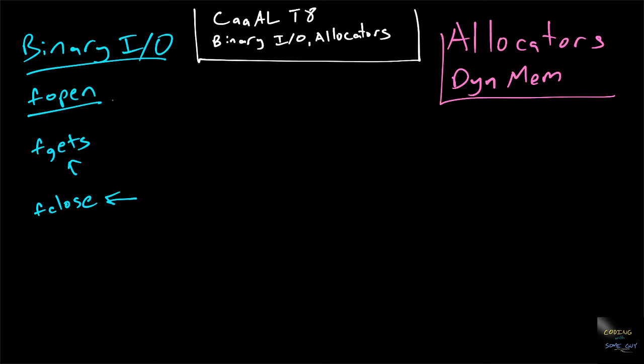When we did fopen, we specified a file name, so there's some file.txt or something like that. And we specified an open specifier, and this is the same as it is in Python and most Unix systems.